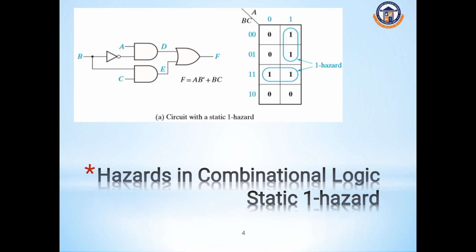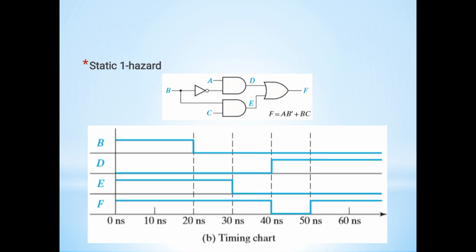So consider this function, f equals a b prime plus bc. For this we have drawn a K-map. In this, a static one hazard will occur. Let me explain how. When we are changing the values of a, b and c, the output f should always remain at 1.